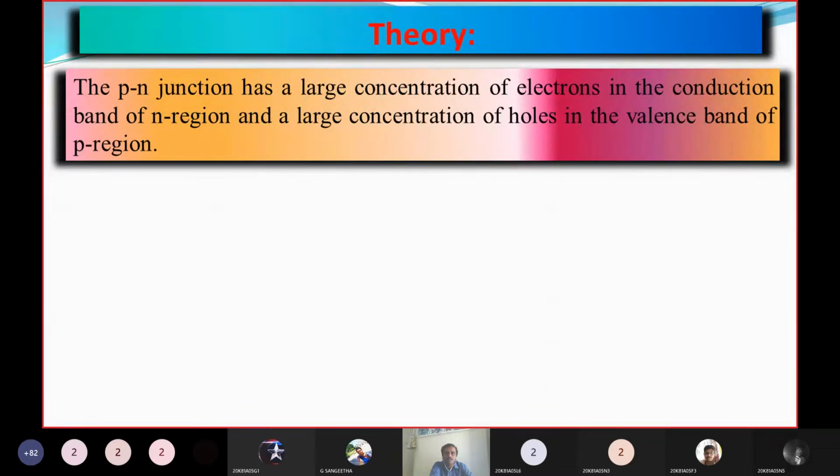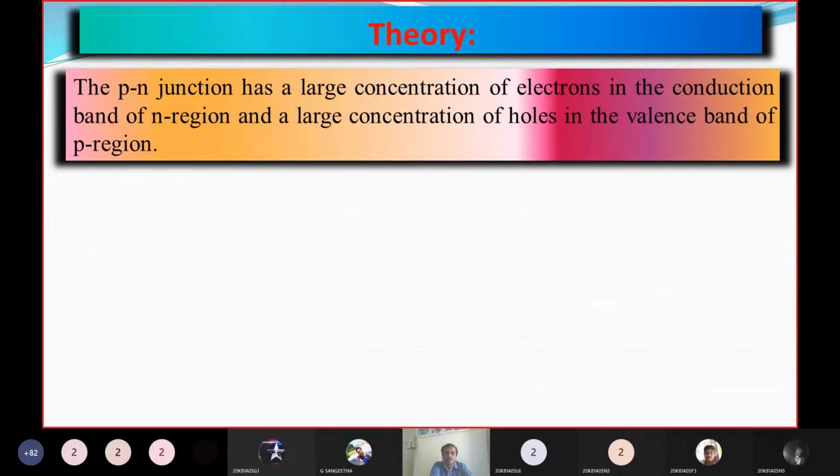In the N region, the concentration of electrons is high. In the P region, the concentration of holes is high. Electrons will be present in the conduction band, and holes will be present in the valence band.